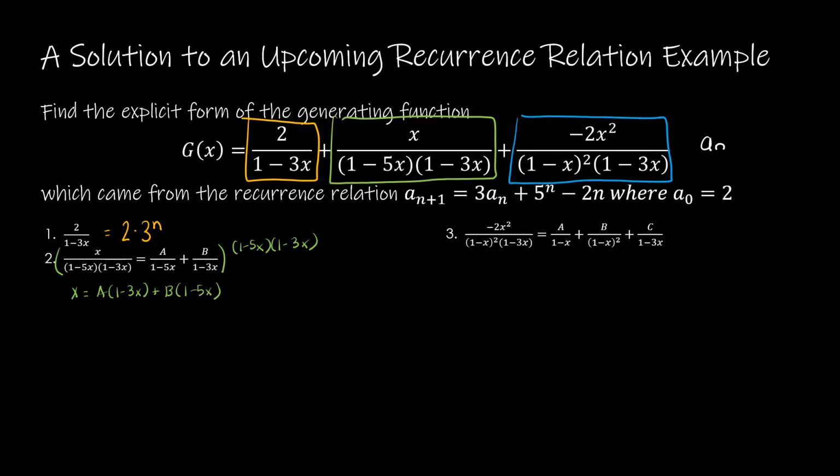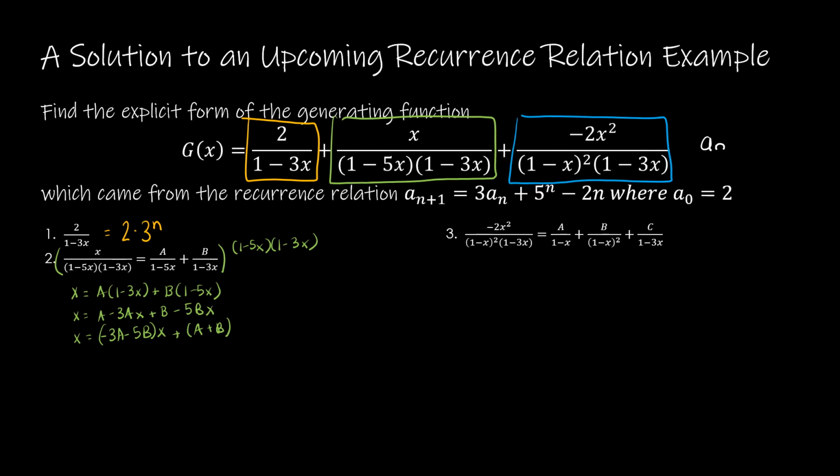Following the same steps that we did before, I would get a minus 3ax plus b minus 5bx. Putting those values together, I'll have x is equal to negative 3a minus 5b times x, and then plus a plus b. So I'm just combining the terms with x's, combining the constants.